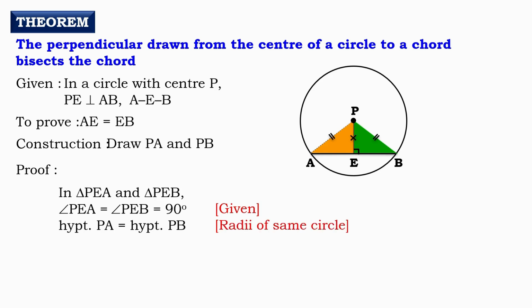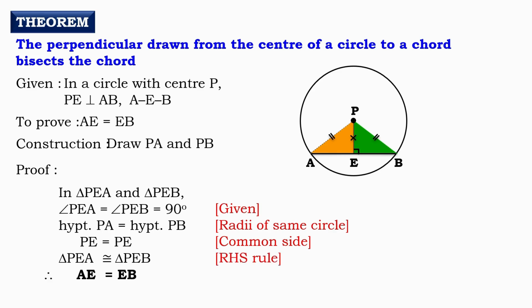In the condition you will write that these are the radii of the same circle. Now PE is the common line over here, so you will write PE equal to PE, that is common side. So by RHS criteria, that is right angle, hypotenuse and side, triangle PEA is congruent to triangle PEB.